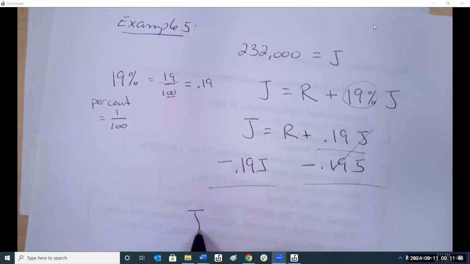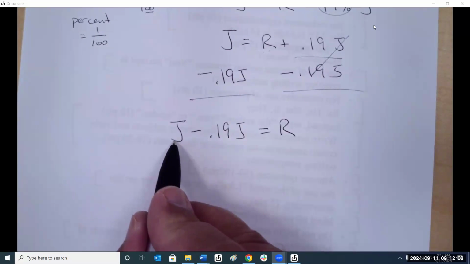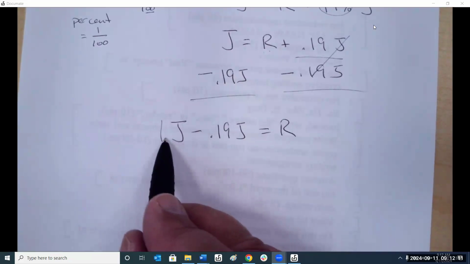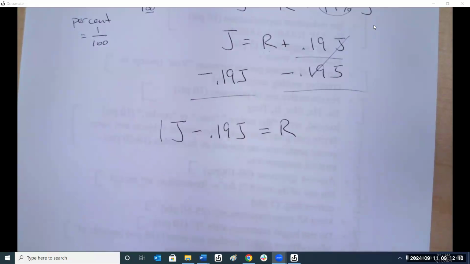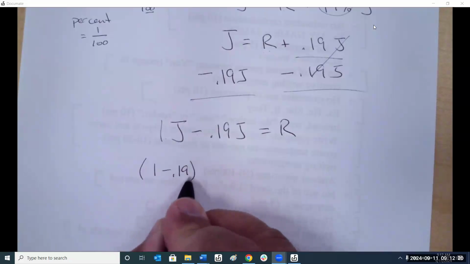So we have on the left side, we have J minus 0.19J equals R. So what's the number in front of J here in the first one? What's the number in front? 1. So 1 minus 0.19 is what? So we have 1 minus 0.19J.